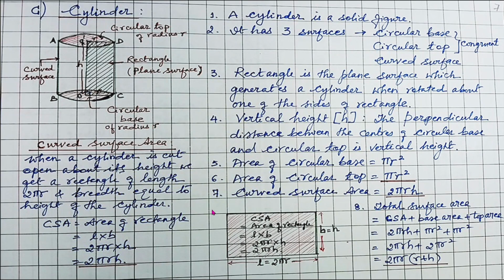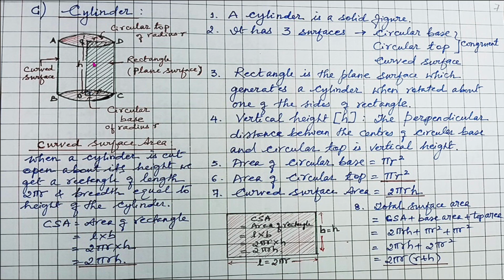The length of the rectangle is the circumference of the circular base, and the breadth is the height. The area of the rectangle is length into breadth, so the curved surface area of a cylinder is 2 pi r h.